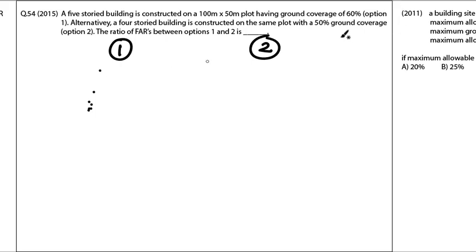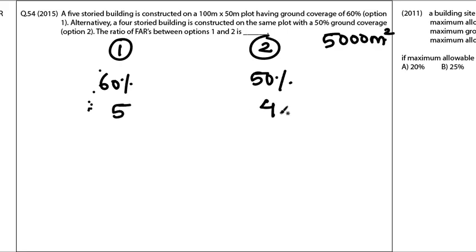So it's an easy question. The plot area is given as 100 into 50, that is 5000 meter square, right? We have ground coverage as 60%, and in this case we have 50%. It is a 5-story building, and it is a 4-story building. So the ratio of FAR.